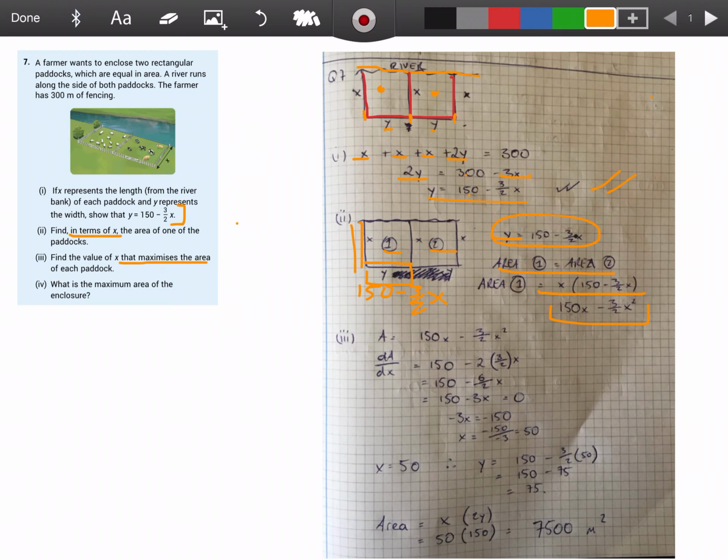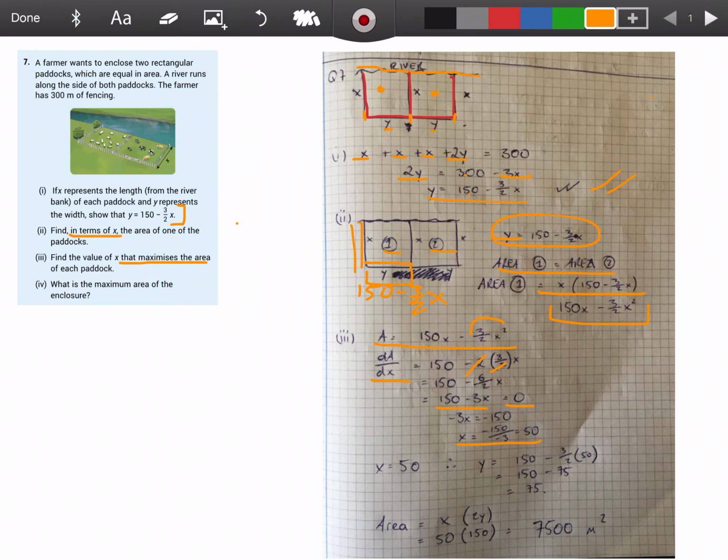So this is the same way that we've done lots and lots of problems. I have my area, I get my first derivative, I put it equal to 0, and then I solve for x. Okay, so we've done that a few times now. So I've got my area value all in terms of x. I differentiate it, so 150x becomes 150, and minus 3 over 2 x squared, again you bring the 2 down from the power, put it in front, multiply it, those 2's cancel as you can see, and we're left with minus 3x.